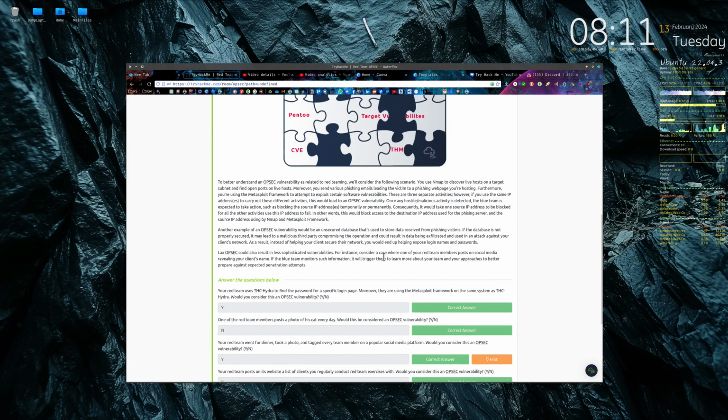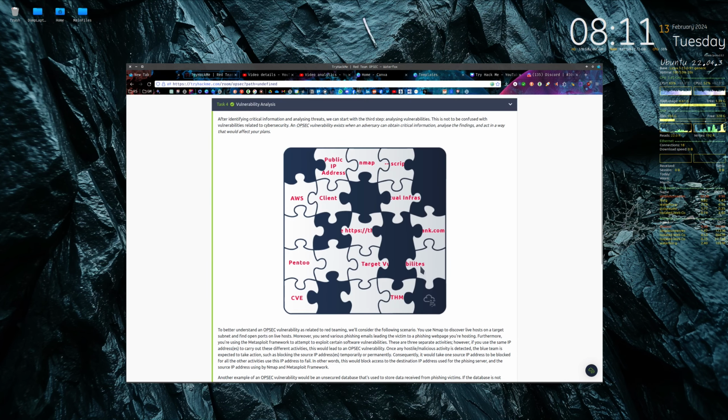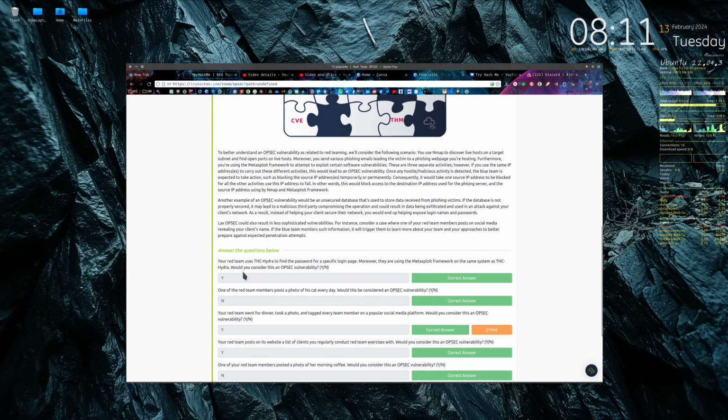All right, vulnerability analysis. So, looking at some of the vulnerabilities that could be there in a team's OPSEC. For example, these questions ask whether writing a password at a specific page while using the Metasploit framework would be considered an OPSEC vulnerability. Yes. And red team members posting photos.